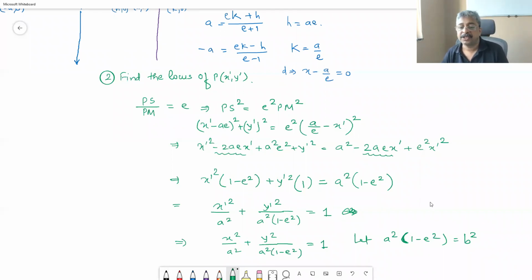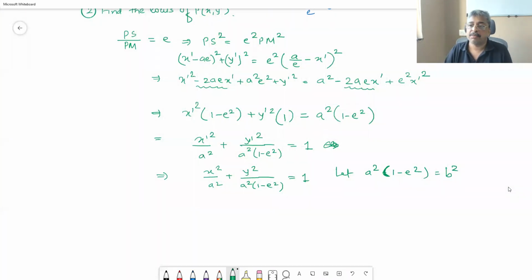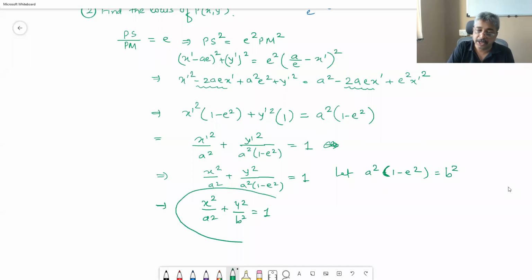Because e is less than 1, this quantity is less than 1, therefore b squared is less than a squared. Hence we get the desired expression. Yes, this is an ellipse.